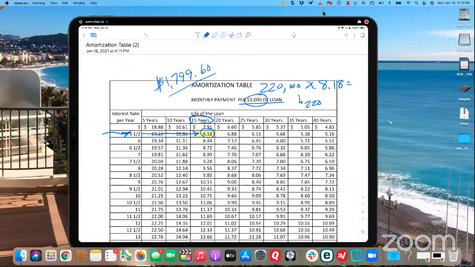Go over to the 15-year column, and whatever number is here, you multiply it per 1,000. So you don't want to multiply it by 220,000. You want to take the 220,000 and divide it by 1,000 because it's per 1,000. So that's how I got the 220. And then taking 220 times 8.18 equals this number right here.